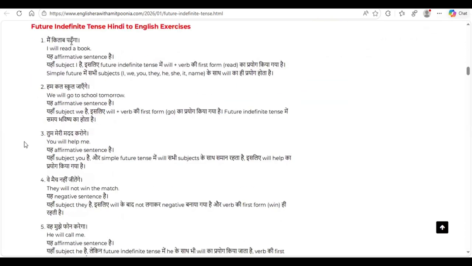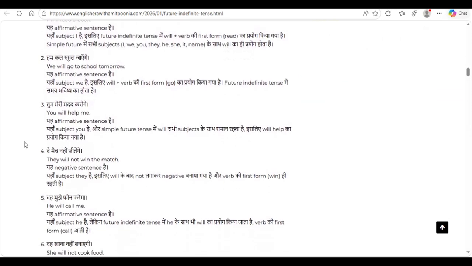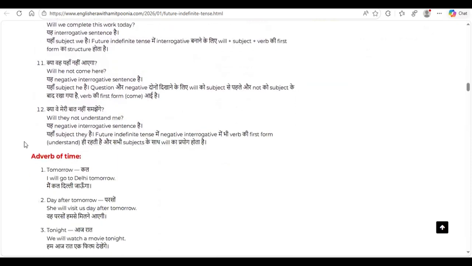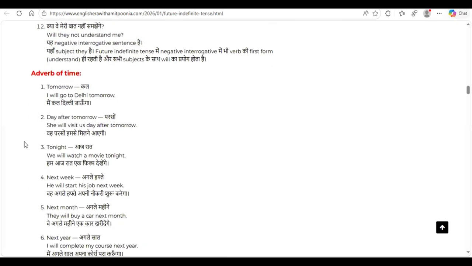Here are some Hindi to English translation exercises with explanation, so you can easily understand. Next, there are some adverbs of time that you can go through, and they will help you to fill up the MCQ questions and fill in the blanks in competition exams.